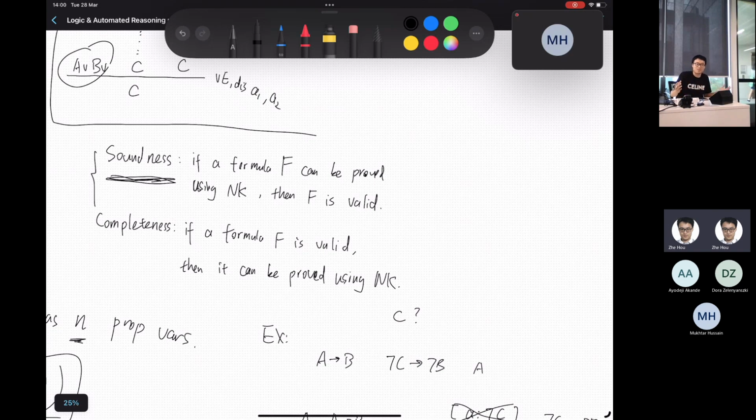Soundness requires accuracy to be 100%, which is not possible for most AI models. But that's what's required for automated reasoning. So you can see those are two different ways of doing things.